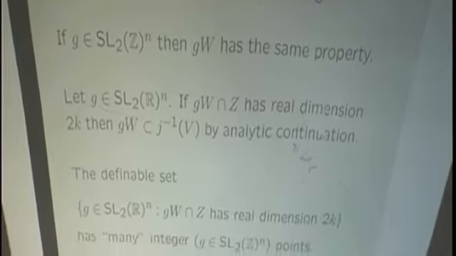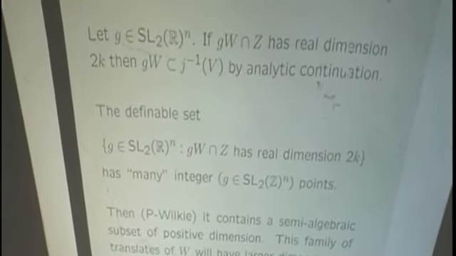And I can look in particular at the G's that intersect Z in the full dimension. Now, of course, I can't ask for the G's in SL2Z that do that definably. SL2Z is not a definable subset, but SL2R is a definable set. It's because it's a semi-algebraic set.